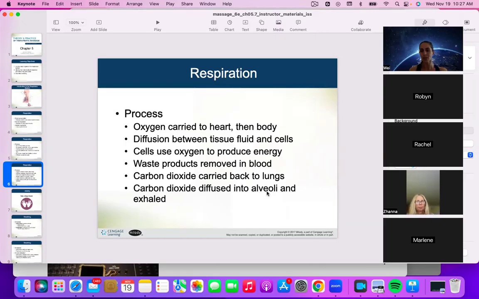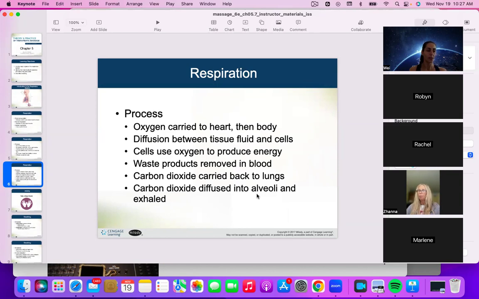So what happens is the blood will take the oxygen at the alveoli level, and then it's going to get pumped back to the heart, and from the heart it's going to go through the body.